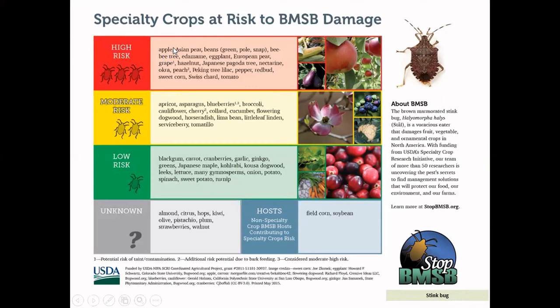And this is mainly because the apples provide a really excellent carbohydrate source late season as the adults are getting ready to overwinter. If you're looking for more information on brown marmorated stink bug, this is a really excellent site, stopbmsb.org. So I do encourage you to check this website out for more information.